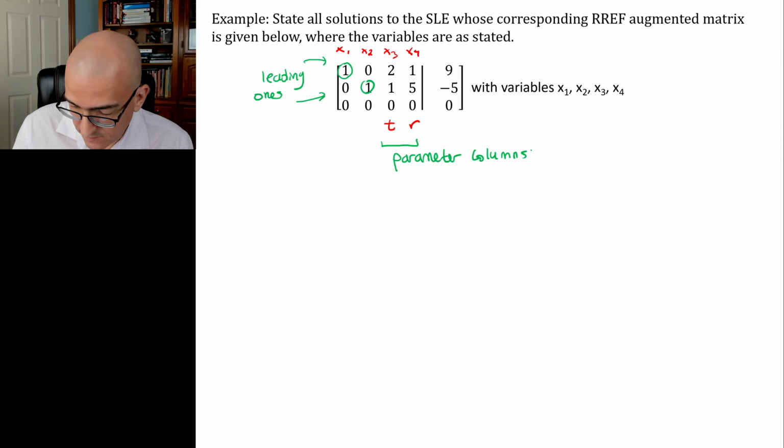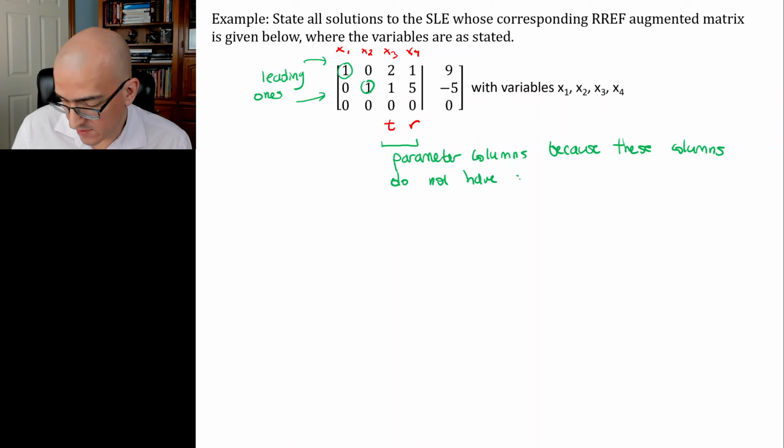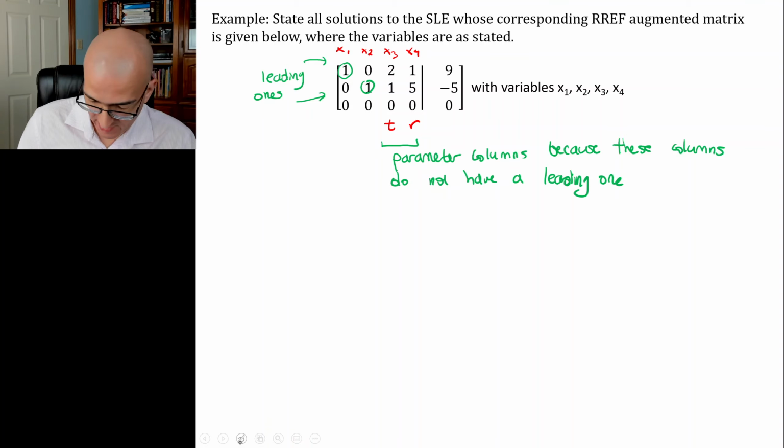These columns do not have a leading 1. Okay, so that's the first step. I'll embed all of that as step 1.